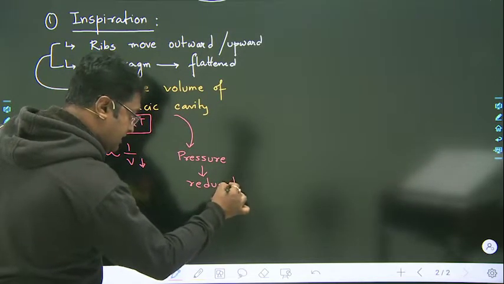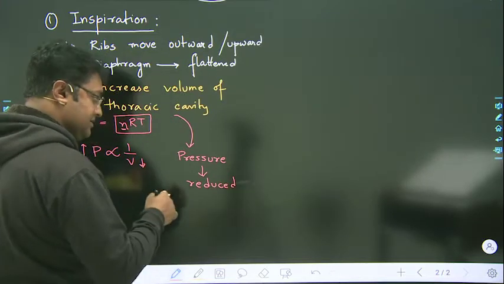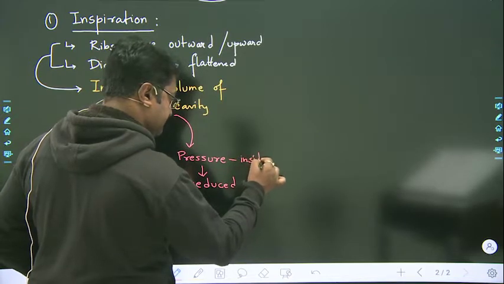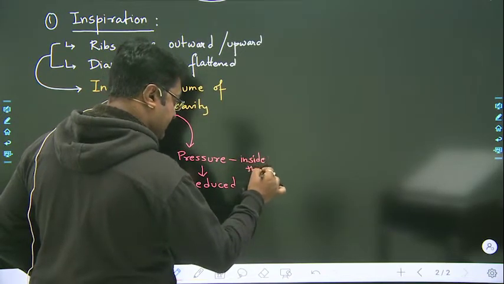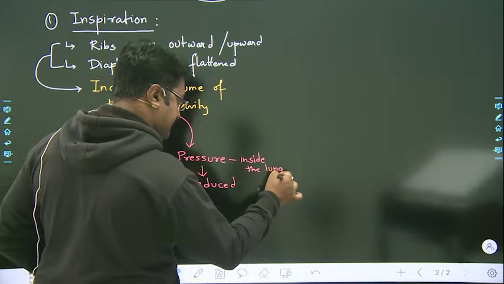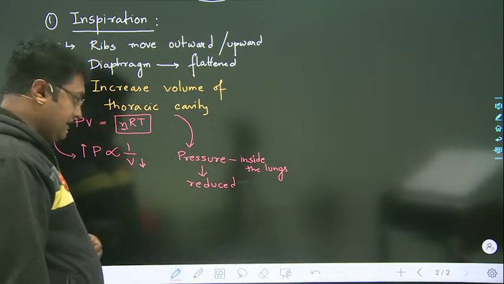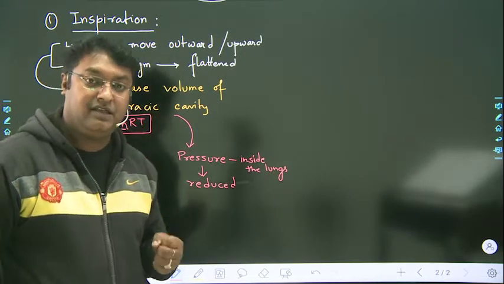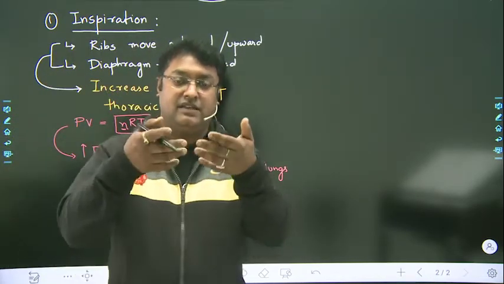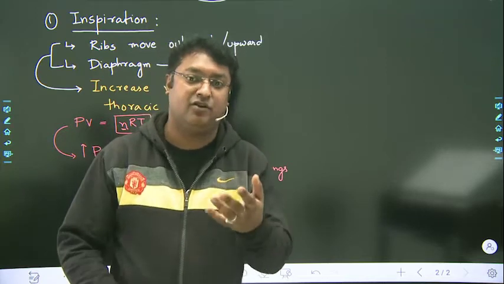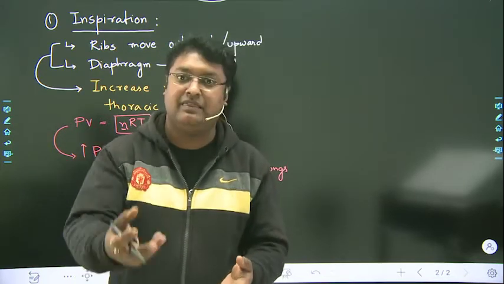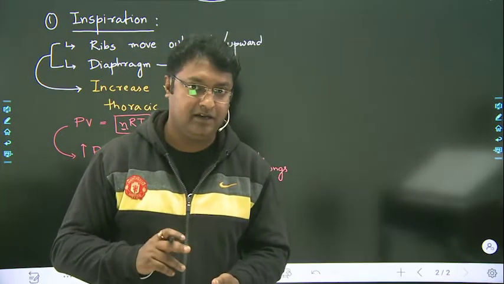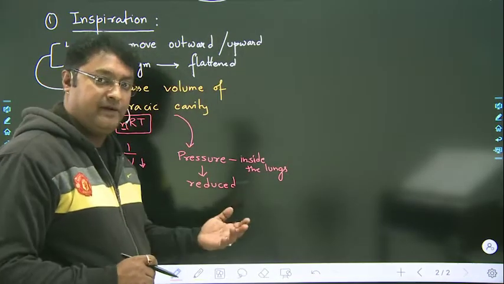The pressure will reduce inside the lungs. Clear? And if this pressure is reduced, then the air which is outside, that is atmospheric pressure, will now forcefully enter into the lungs. Clear?